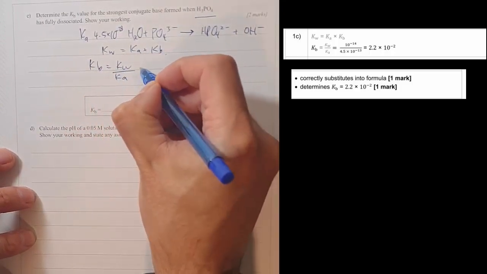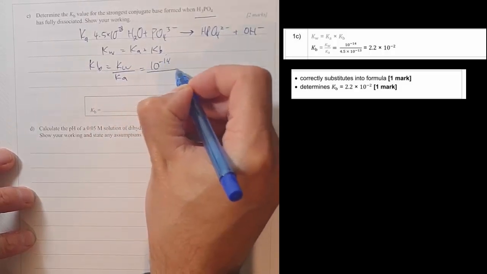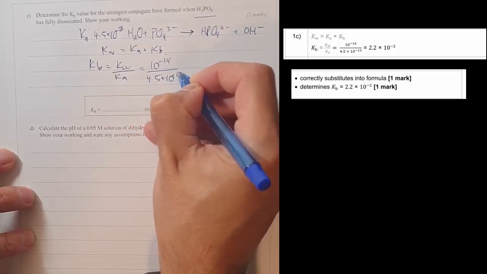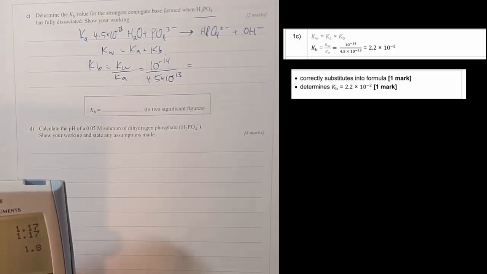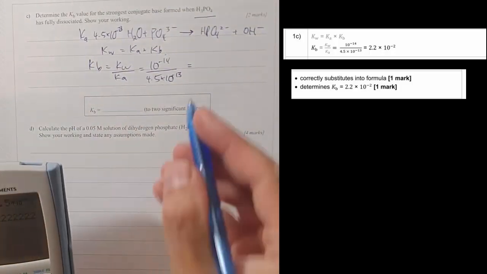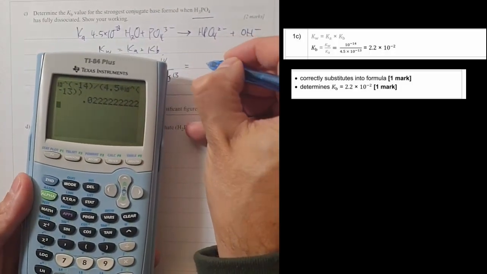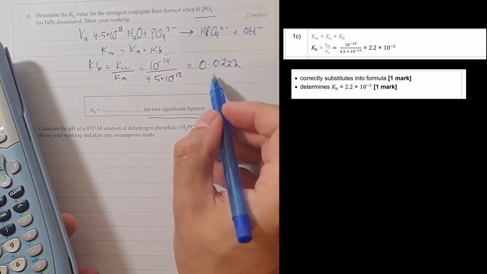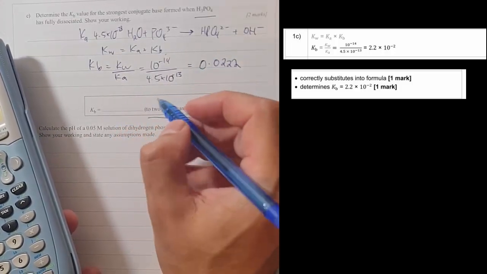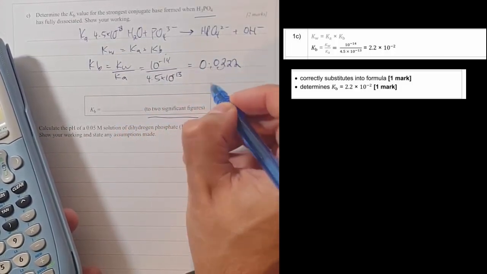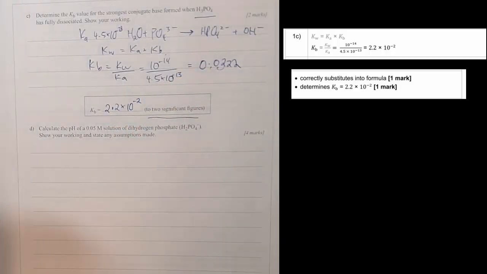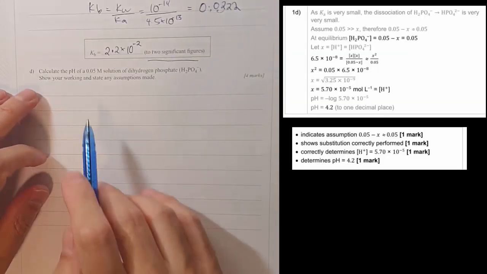Kw over Ka, 10 to the minus 14 over 4.5 by 10 to the minus 13. So I'll just plug that into the calculator. That gives us 0.022. 2 sig figs, so 2.2 by 10 to the minus 2. All right, so I'm just checking the mark scheme. That looks okay. Okay, last one for this question.